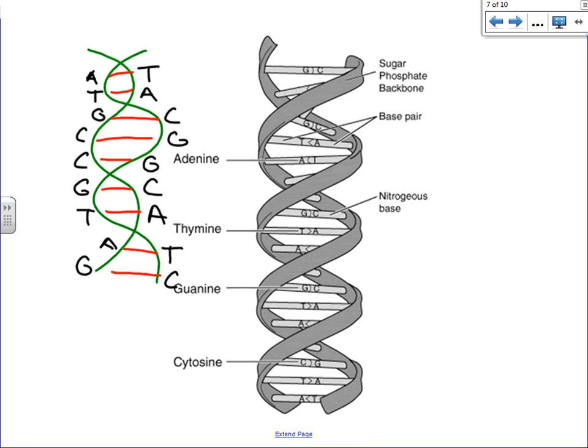And so instead of this code coding for a correct form of, let's say, lactase, the thing that allows you to break down dairy, that code would have a broken form of lactase, and so you wouldn't be able to digest dairy, and you'd be what's called lactose intolerant. All right, so one little letter difference actually makes a huge difference in what it codes for.